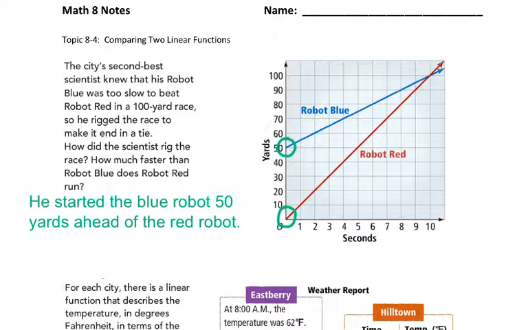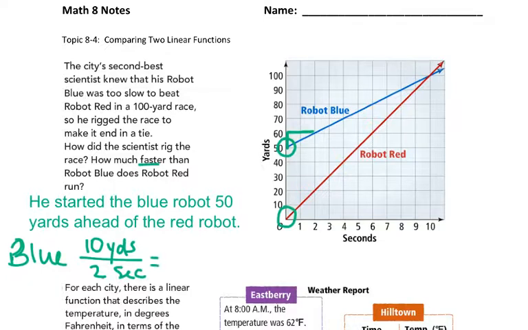The speed is the rate. If we take a look at the rates here, the blue robot goes up 10 yards every 2 seconds.